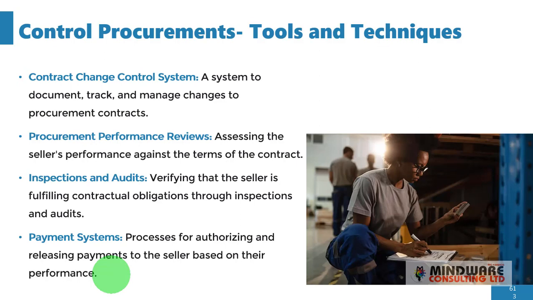So based on the agreed terms and duration or interval or the point in the project life cycle that funds are supposed to be released to the contractors, the system that has been put in place is supposed to ensure that those funds go out to the contractors or to the seller, right, so that they will not become handicapped and the project will grind to a screeching halt. Okay, and that affects everything. So you want to ensure that you have these payment systems in place, okay, to ensure continuity of the project.